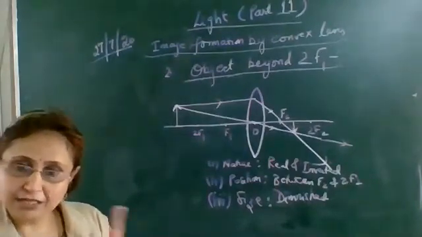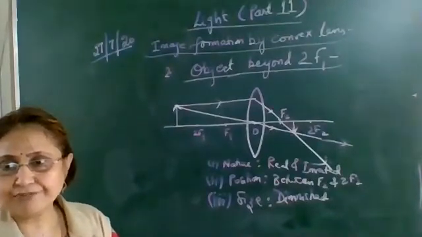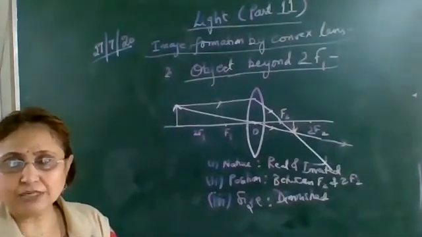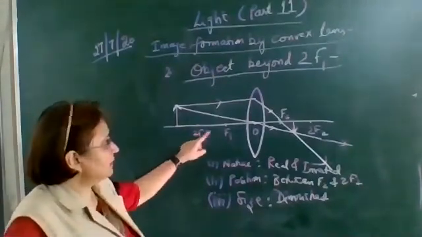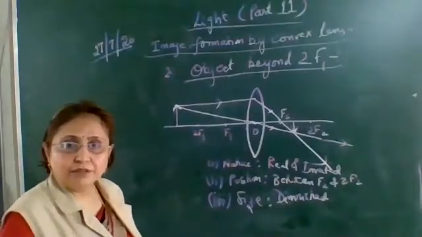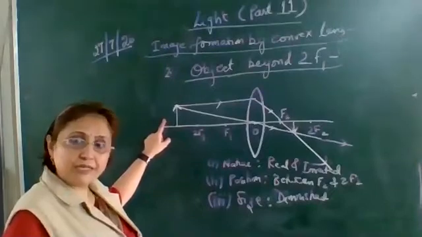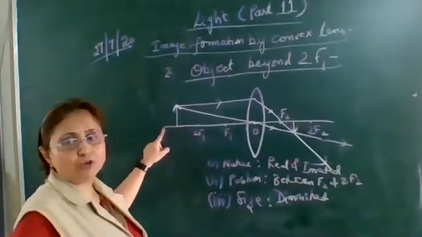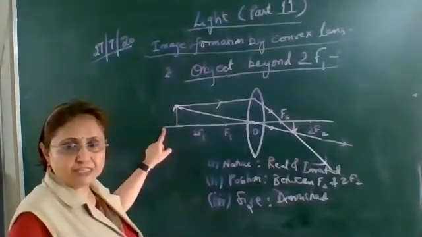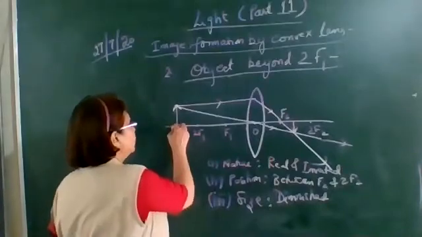Now mark double the focal length, 2F1 and 2F2, on either side. 2F1 on the left side and 2F2 on the right side. Now draw one object, a needle-shaped object, placing it beyond 2F1 on the left side of the convex lens.